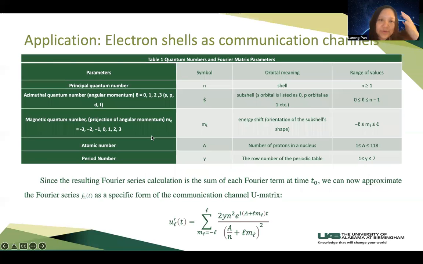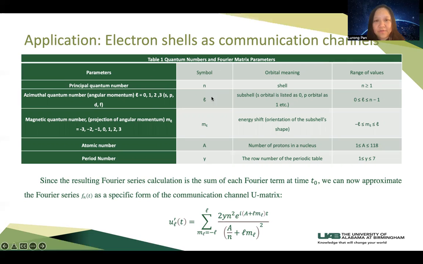The first application is to leverage the U matrix formulas to completely recompute quantum mechanics-scale objects and replace certain symbols, or what we call the quantum parameters, used in the quantum mechanics field.